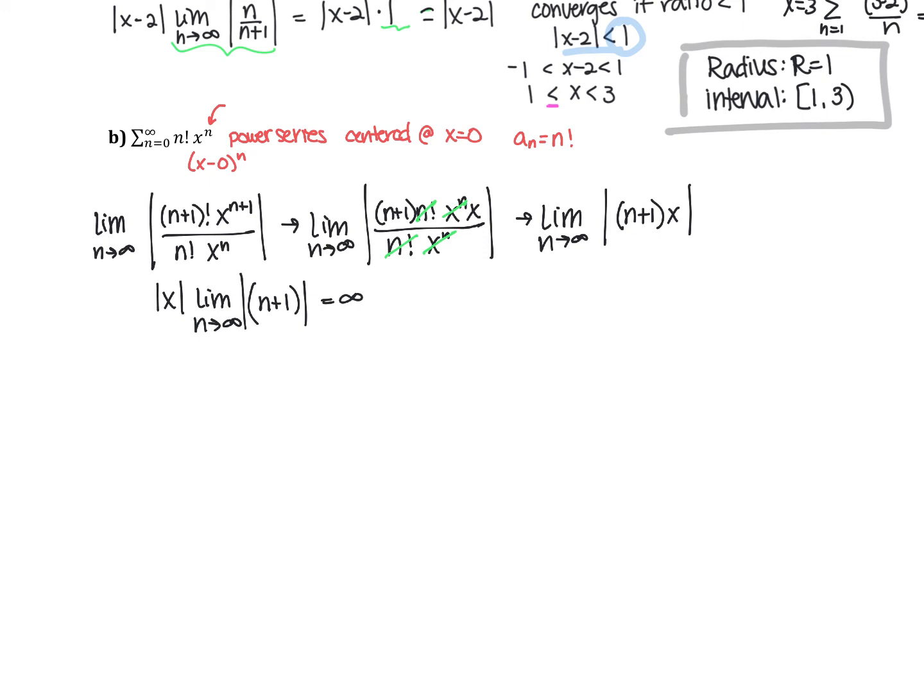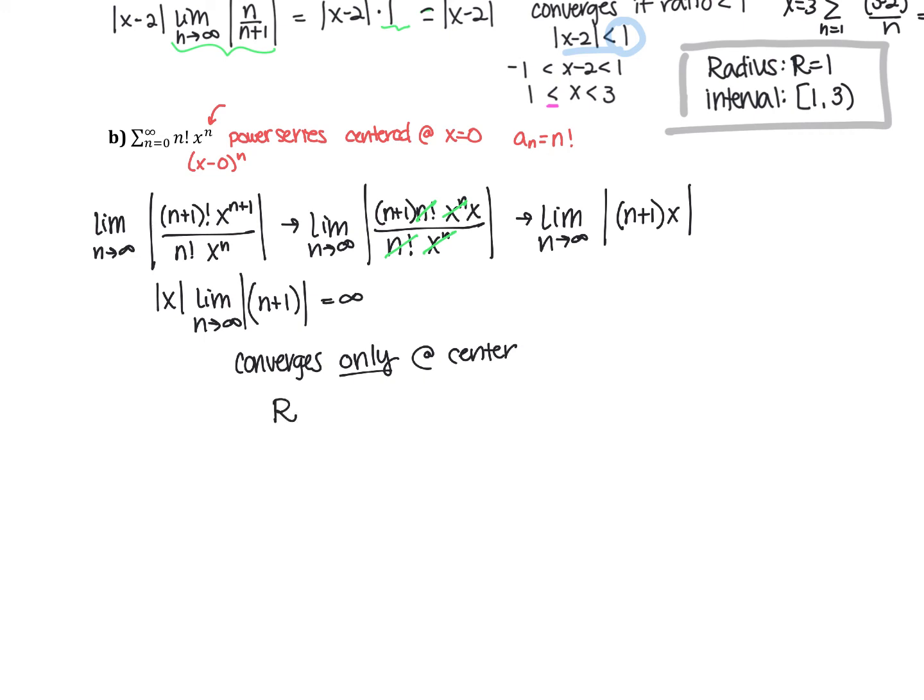No. But going back to that very first thing, we said that the power series has to converge in at least one place. And that one place is at the center. So all we can say is that this converges only at the center.